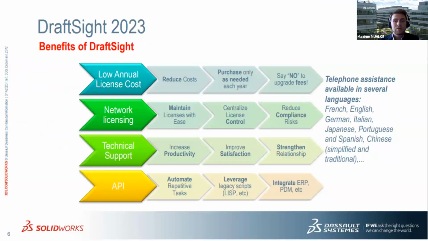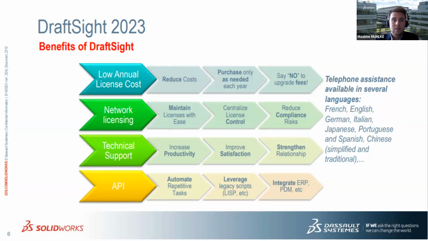What are the benefits of DraftSight? Well, first, and I believe it's one of the reasons we are so successful with DraftSight, we offer a very low annual license cost compared to our competitors. Regularly, we see that our customers who made the switch reach almost between 50 and 70% decrease in 2D costs when switching from AutoCAD to DraftSight.